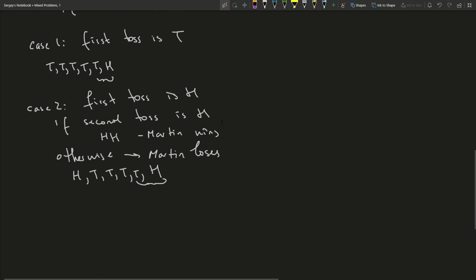And so we can devise a sample space consisting of two tosses. So we either have heads, heads, heads, tails, tails, heads, or tails, tails. And notice that Martin can only win if we have heads, heads.